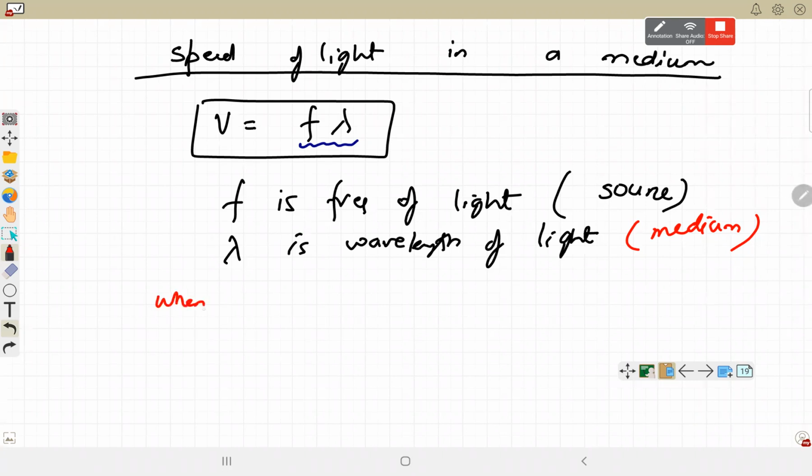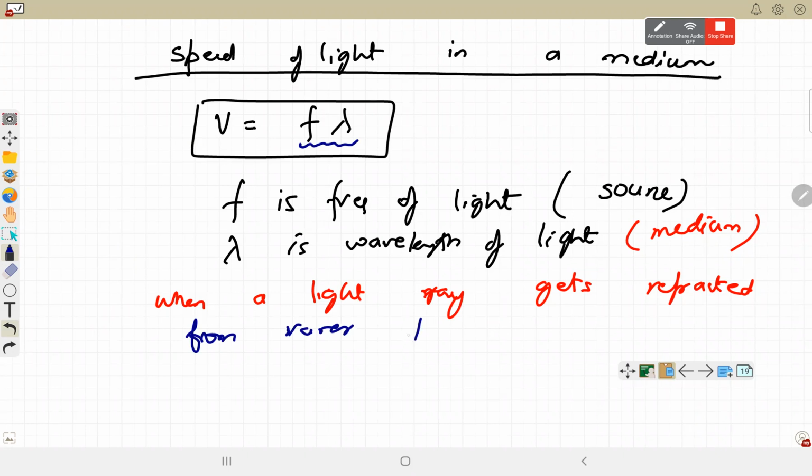So when a light ray gets refracted from rarer to denser medium, its speed decreases.